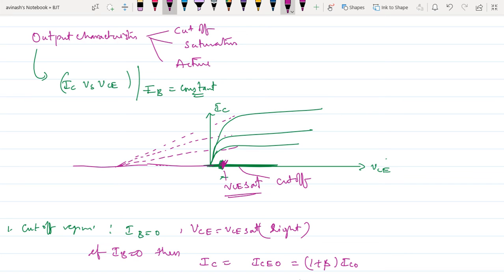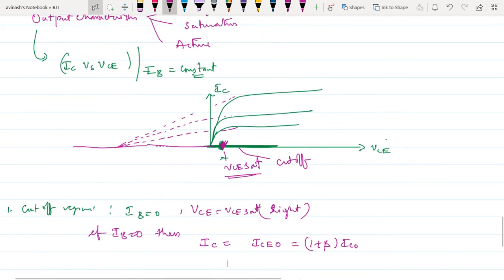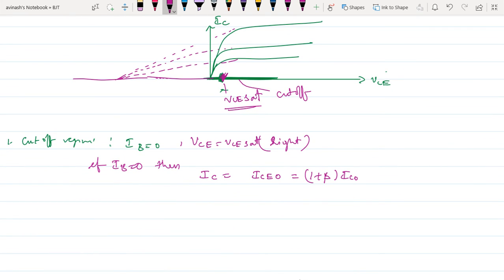In the saturation region, a region of the graph where IC increases with VCE.